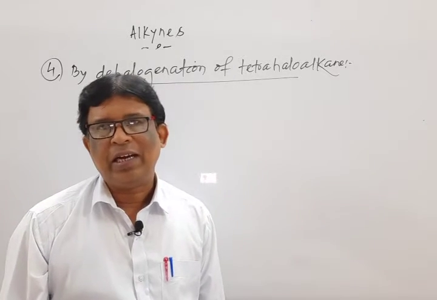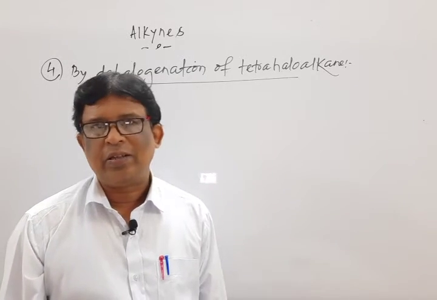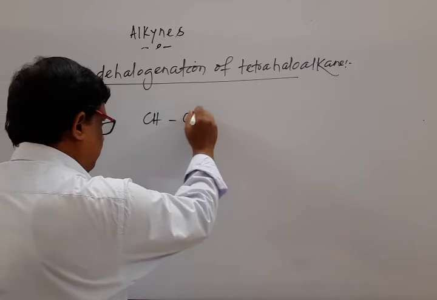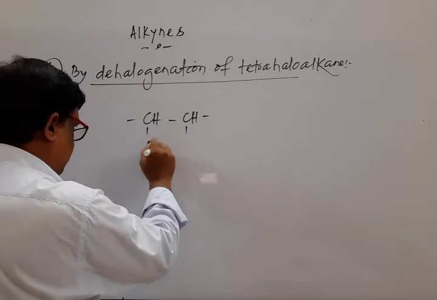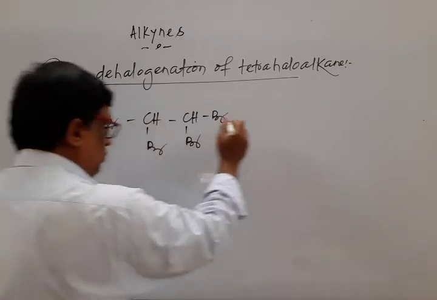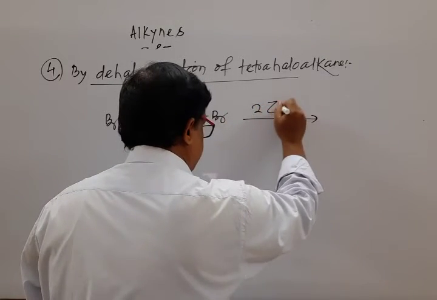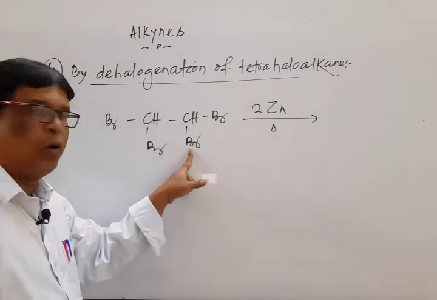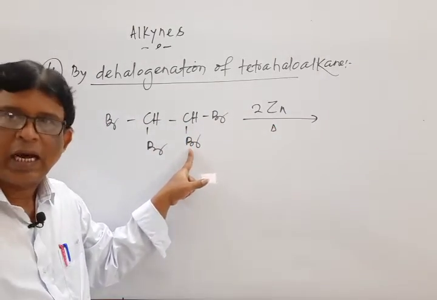Okay. So first we write the equation, then we write the statement. Mark that. 1, 2, 3, 4. Four halogen atoms are there. So it is tetrahaloalkane.